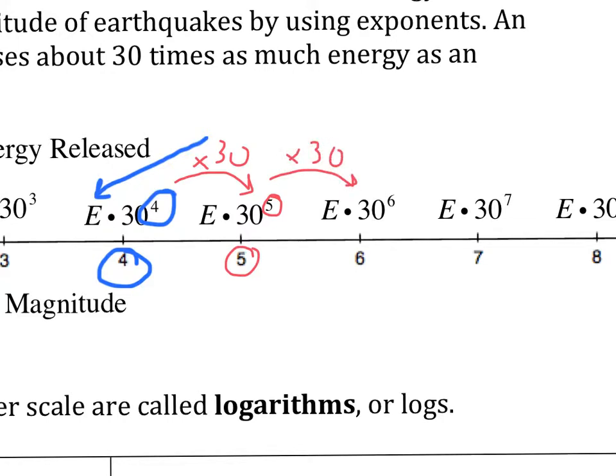So that means if you are in a 4.0 earthquake here, and later you're in a 6.0, it's not 2 bigger, it's 900 times bigger, because 30 times 30. So a 4.0 compared to a 7.0 is 27,000 times greater.